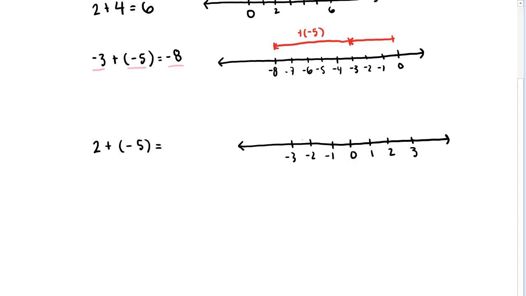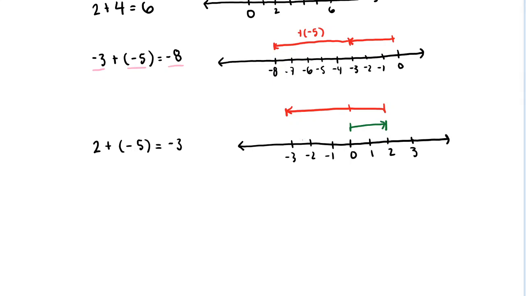Having 2 and then adding on -5, well, 2 is going to start me off 2 units to the right. And then adding on -5, we said adding on a negative number is going to shift us that many units to the left, right? So 5 units to the left, I'm going to go 2 units to the left and then 3 units to the left some more. And so this is going to end up with us at the value -3.